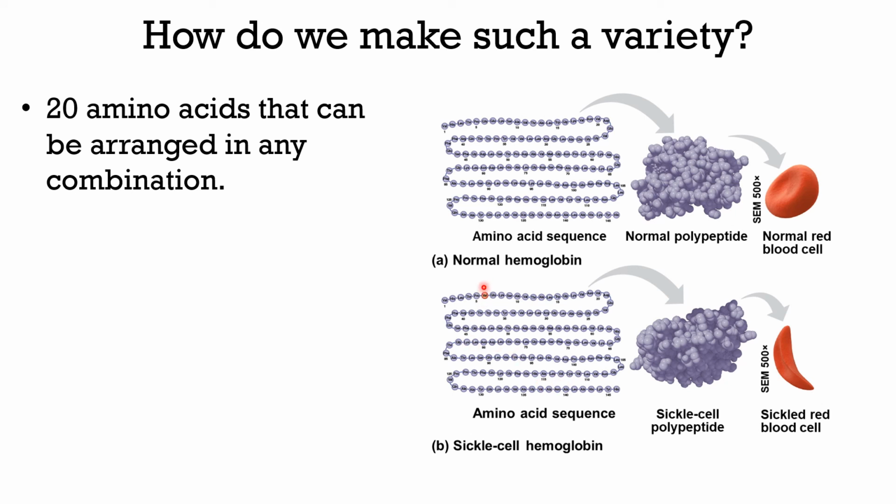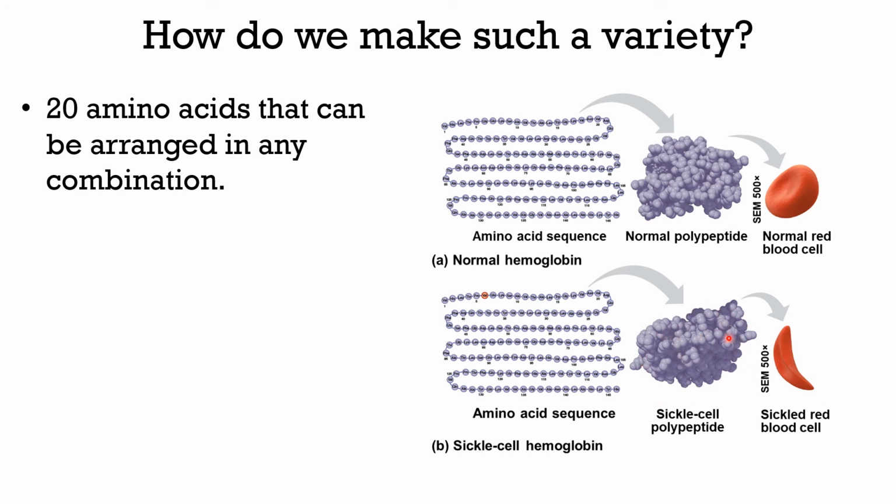And you're going to notice that there is one amino acid that's in red right here, and this is a valine. Right here, it's glutamine. I can't remember all of the three-letter codes, but you're going to notice that it's not the same amino acid. Because of that, the structure is completely different from the normal situation.